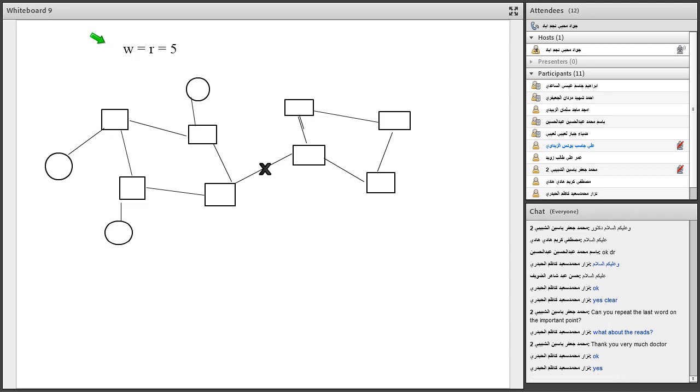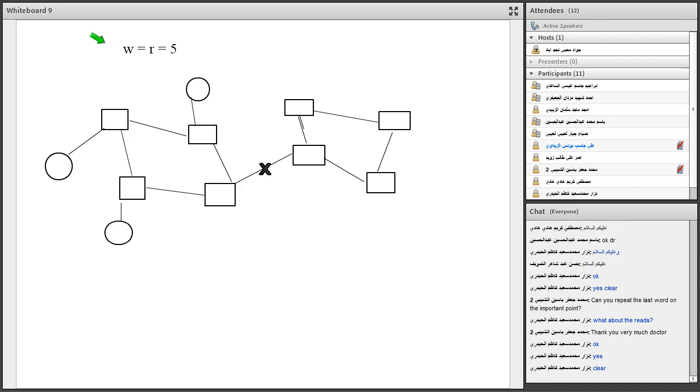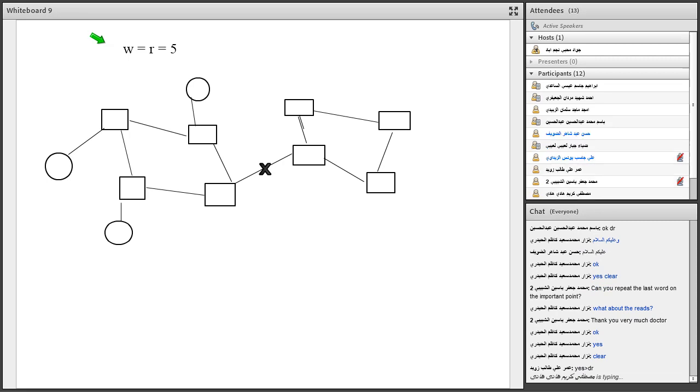Okay, can you get it? Can you understand? Thank you, Nazar. Nazar says it's clear for him. I hope that it is clear for all the students, inshallah.